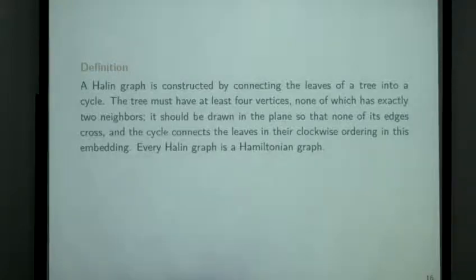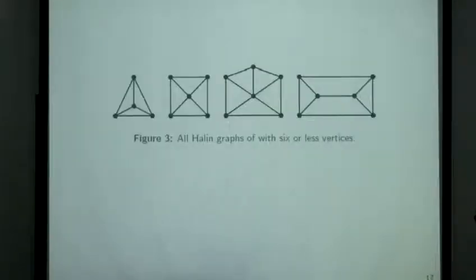And obviously every Halin graph has a Hamiltonian cycle, and you see here all Halin graphs of order 6 or less. Again it has a recursive construction, I think.